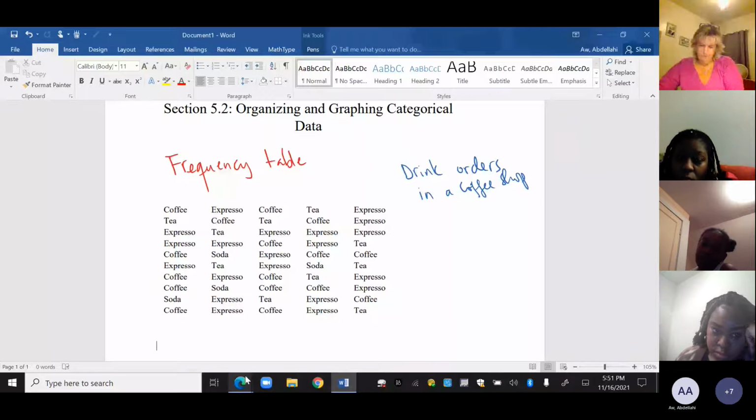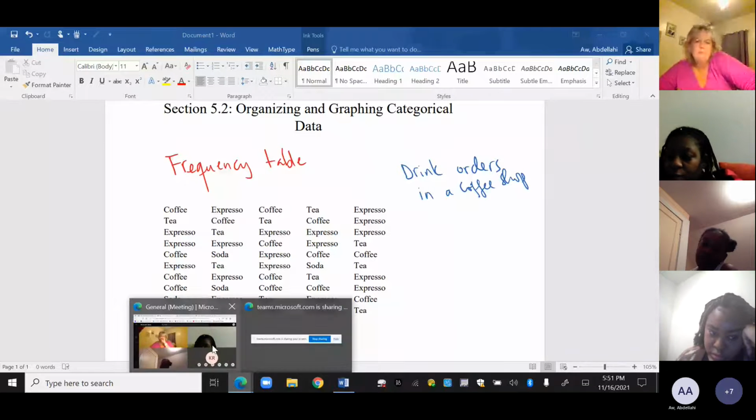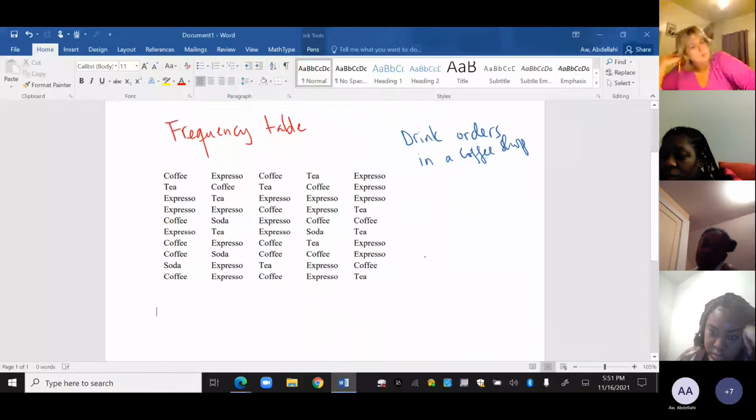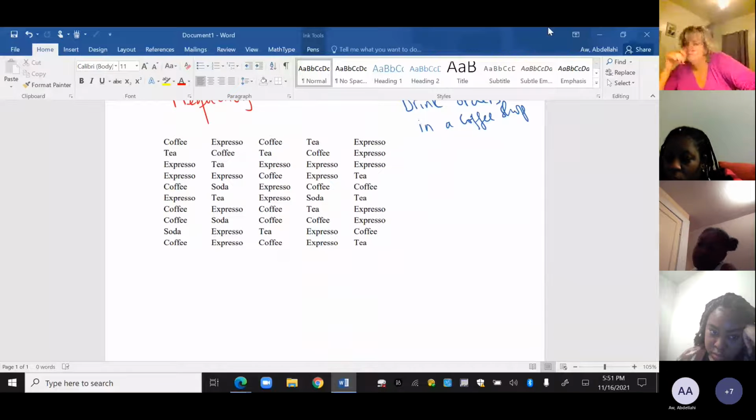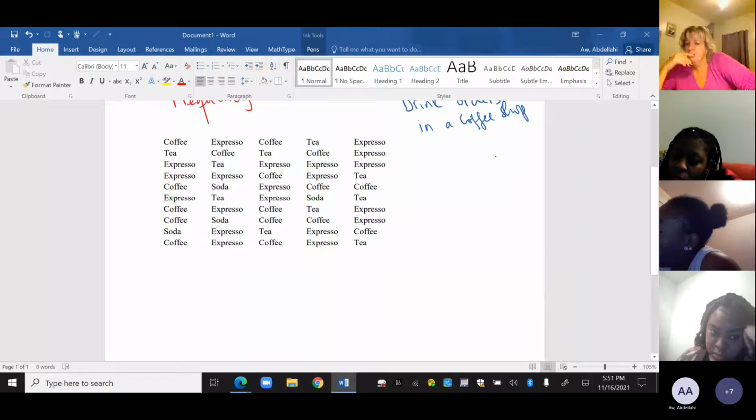This is a survey and this is what they got. Now a frequency table is a table where you put one column for the data and one column for how many times that data occurs. That is a frequency table.